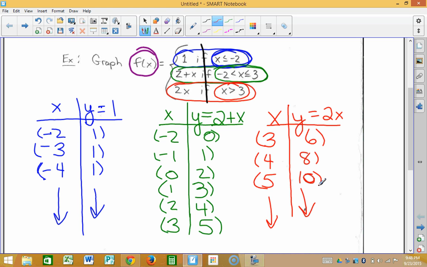Now the only thing we really have to be careful about before we graph this is the couple of numbers that did not have an inequality with it. Right here, I'm circling in black.